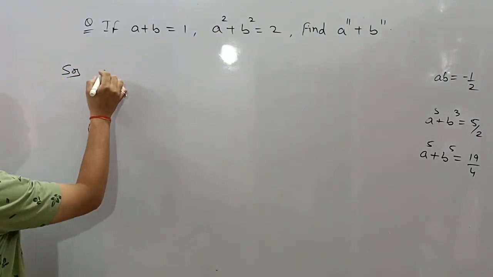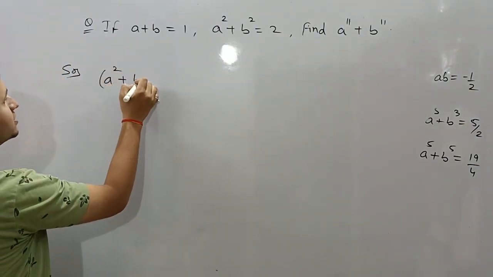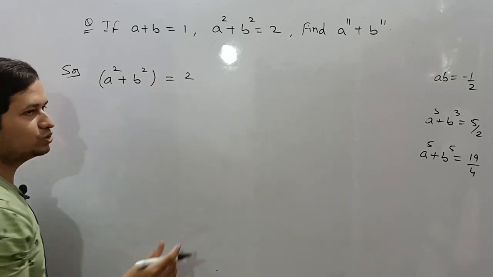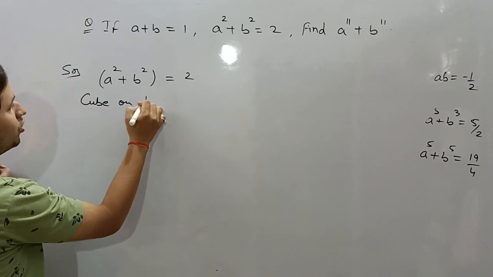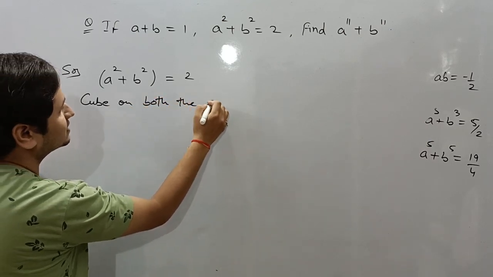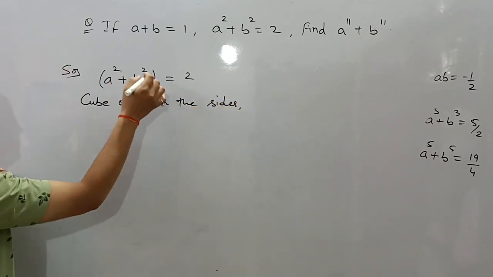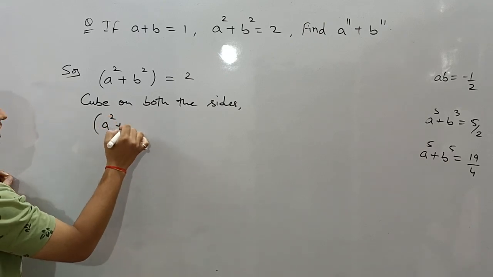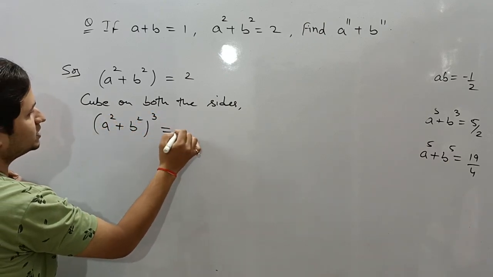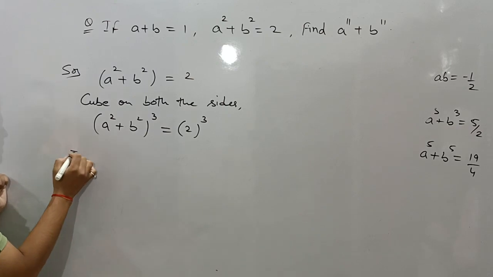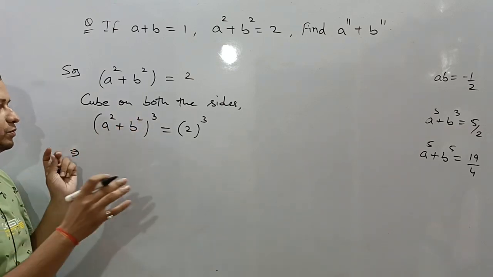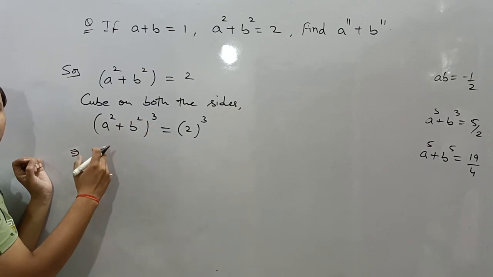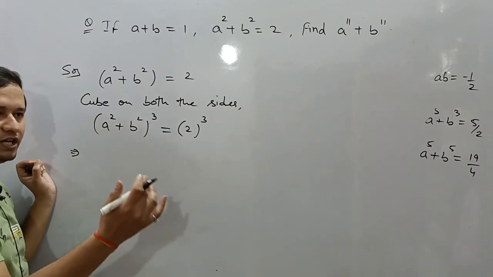Now take again a square plus b square is equals to 2. Okay, now cube on both these sides. On cubing, it will be (a square plus b square) whole cube is equals to 2 cube. Suppose (a plus b) whole cube, the formula is a cube plus b cube plus 3ab into (a plus b).